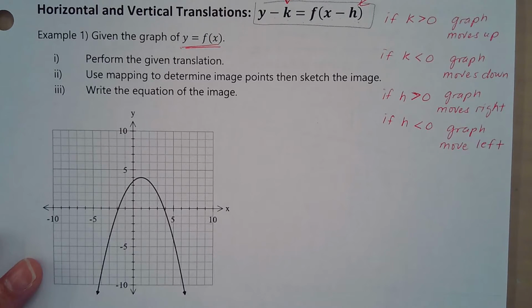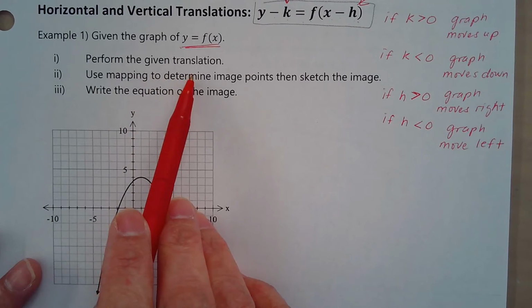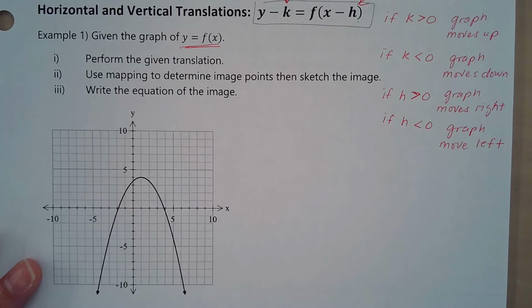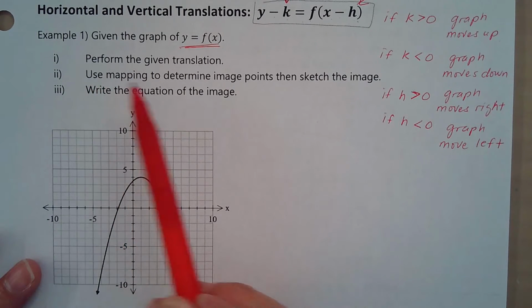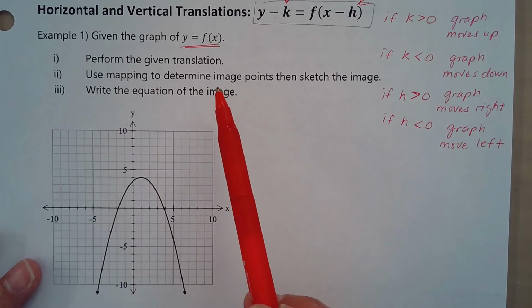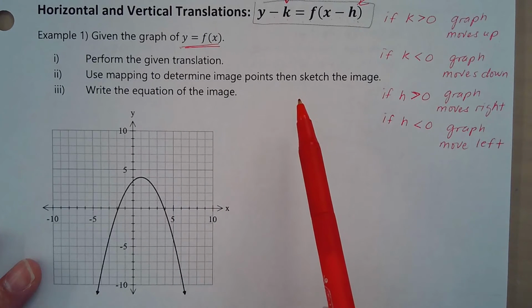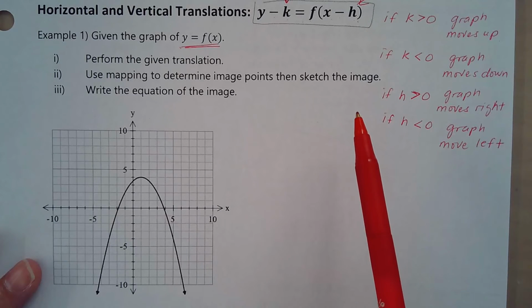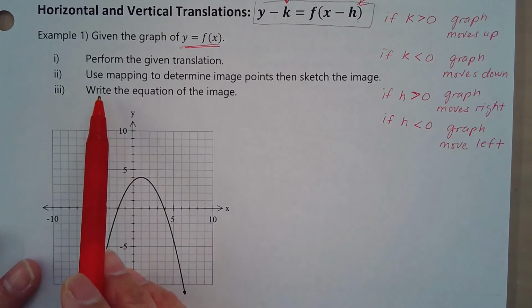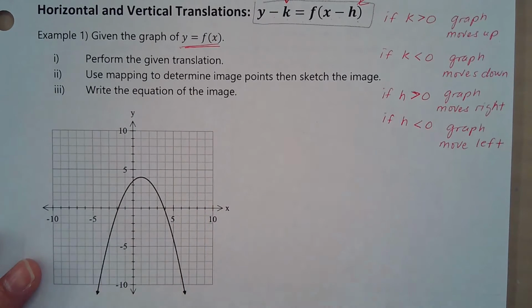So now we're gonna perform the given translation. We're also gonna use mapping to determine image points, and then we're gonna use that to sketch the image. And then we're also gonna write the equation of the image after the translation.